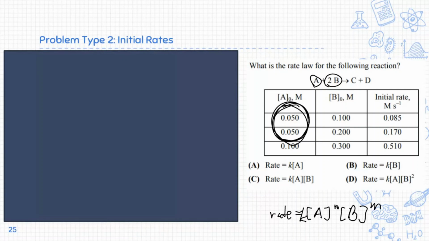And in this case, we know that the initial concentration of B is actually 2 times greater for experiment 2 than experiment 1. And the initial rate, because of this only single difference, actually doubles.